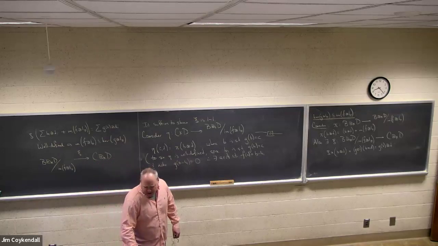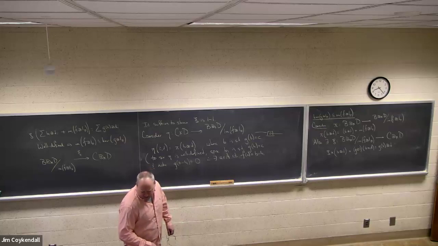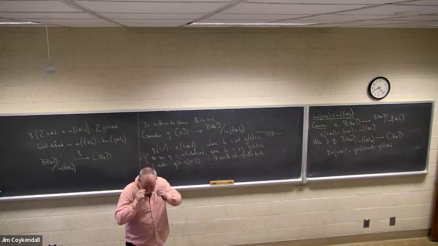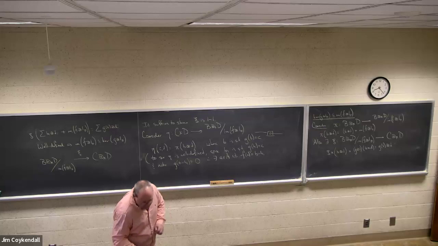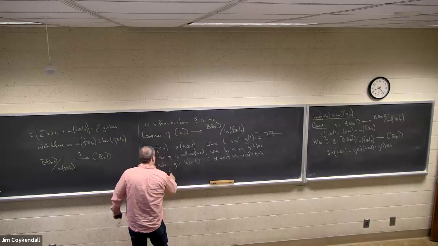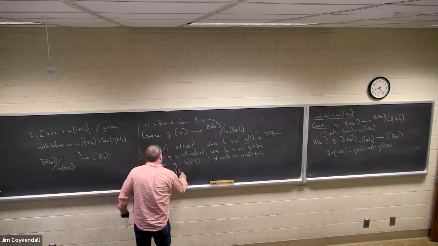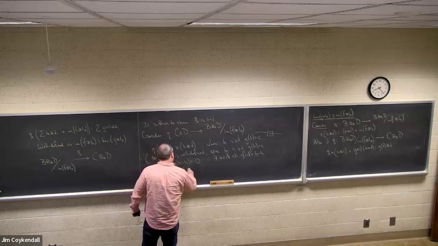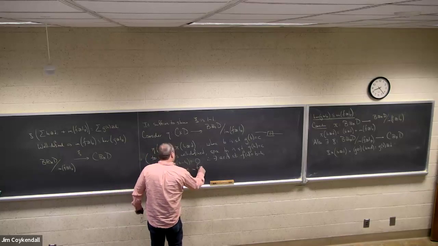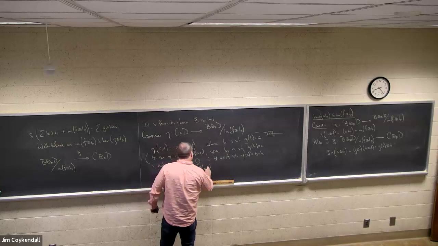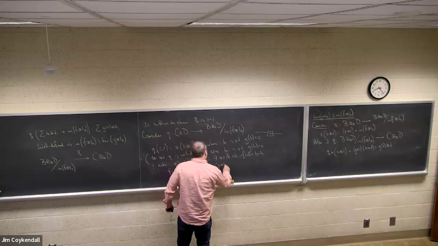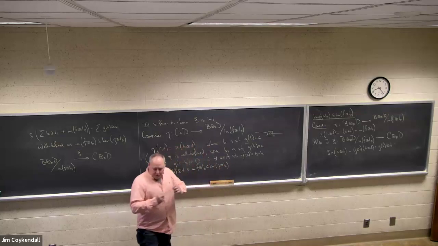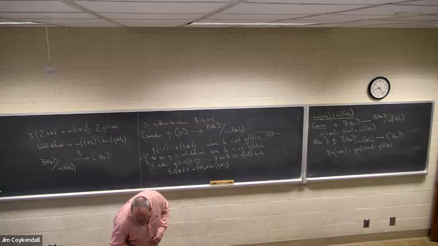And so what this means is f of a tensor d is in the image of f tensor one, which is contained in the kernel of g tensor one. So when you apply g tensor one to that, you get 0.